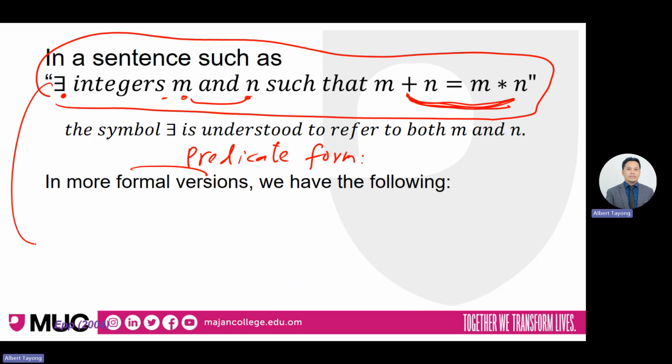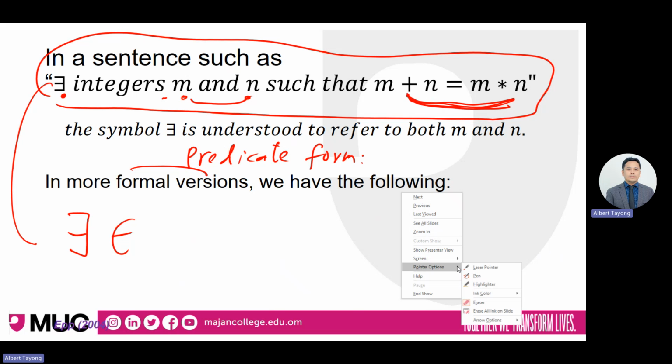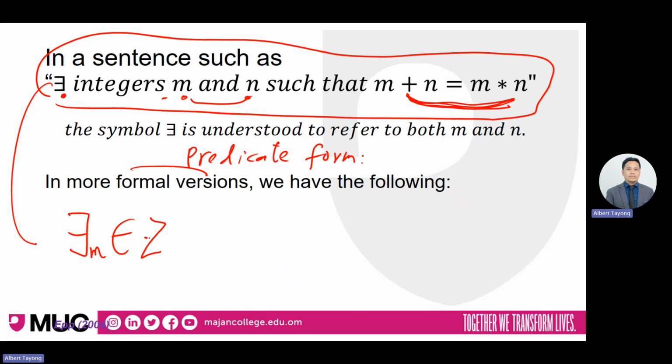So to change to predicate form, we are going to remove the words there. Since we have m plus n, let's also change our variable, because usually we use x. Here we use m and n, so there exists m in integers Z. There are two variables m and n, so repeat, but change m to n, same domain.